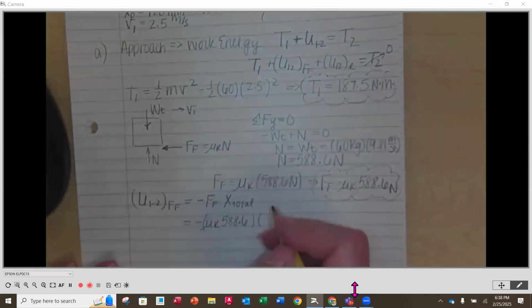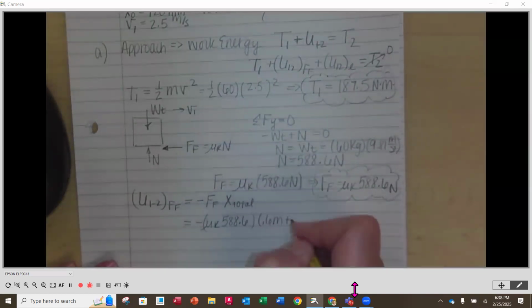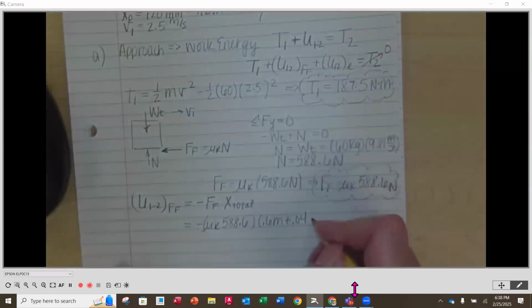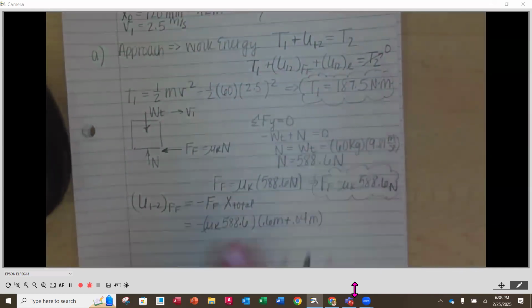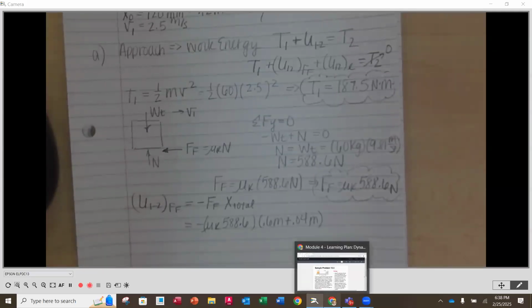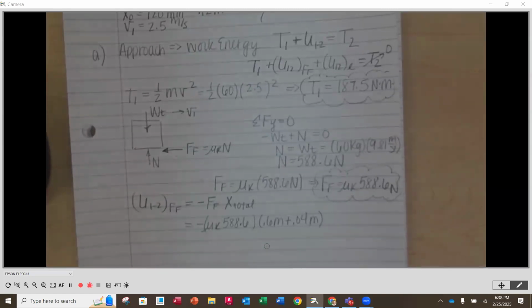Times the total distance of 0.6 meters plus 0.04 meters, okay? It is the distance between to the spring and then the compression of the spring for 40 millimeters in, or 0.04 meters, okay? So a total distance of 0.64 meters, all right? And again, the negative on the work, because the force is pointing in the opposite direction.